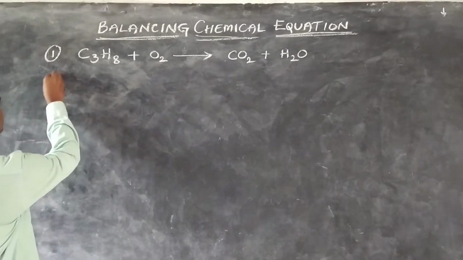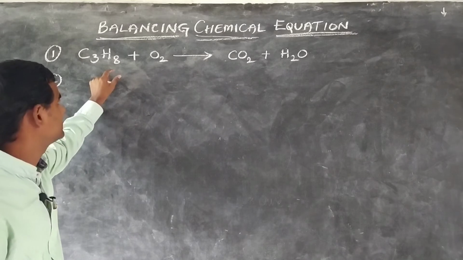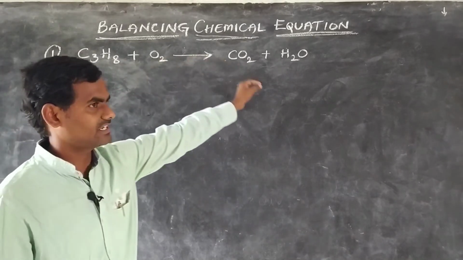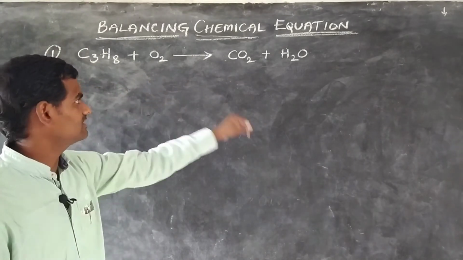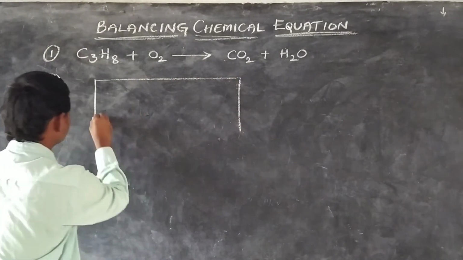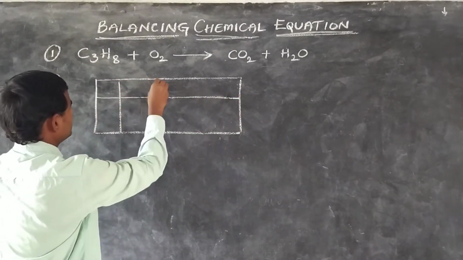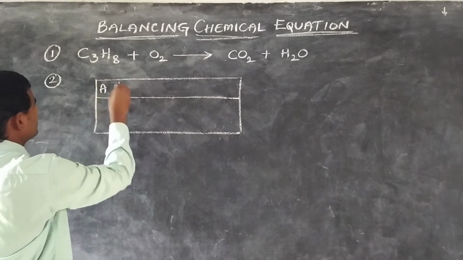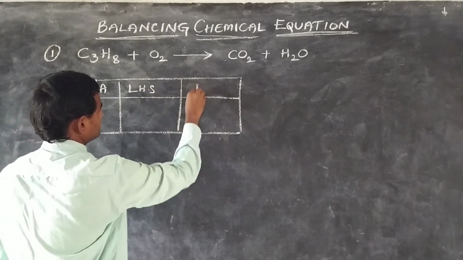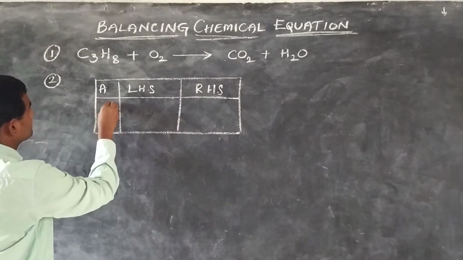Coming to the second step, we will see how many atoms of each element are present on left hand side and right hand side, that is reactant side and product side. We will see it by using one table. So, the atoms present on left hand side and the number of atoms present on right hand side we have to check.